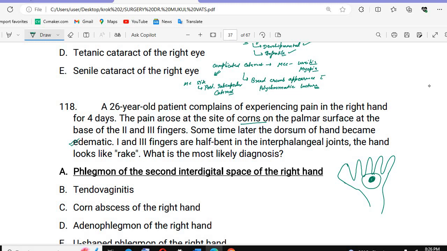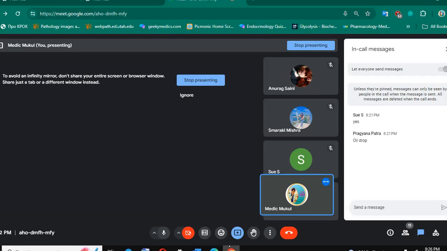First and third fingers are half bent. When you try to bend these fingers, the hand looks like a rake.